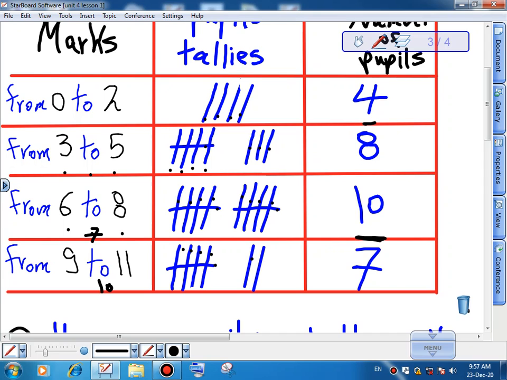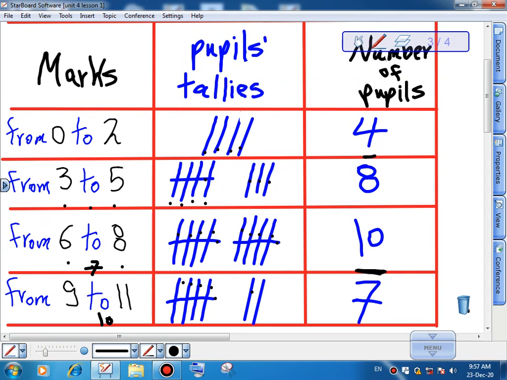In this table, we get new data. If I ask you how many pupils are there in this class, I don't know anything about the pupils, but I know how many pupils get a mark from 0 to 2. It's 4. From 3 to 5, it's 8.